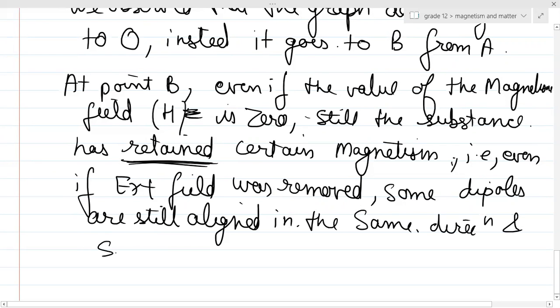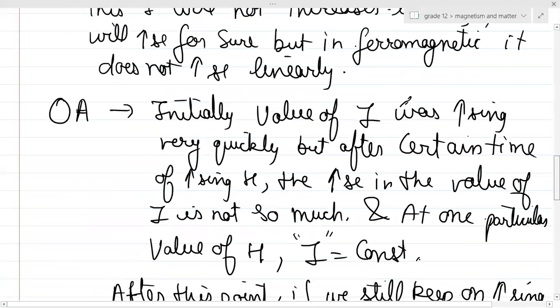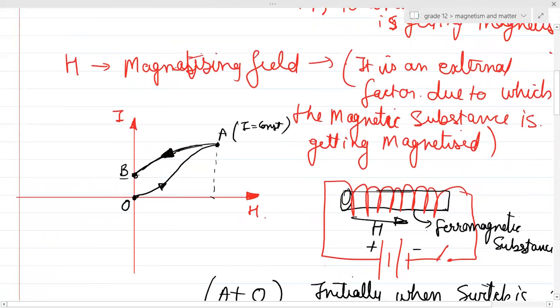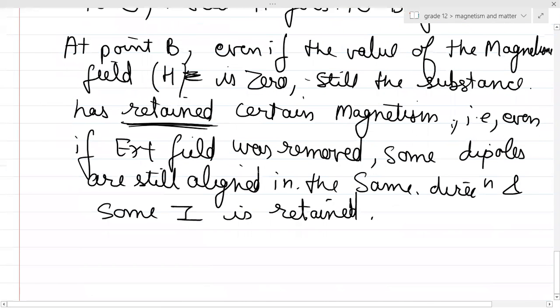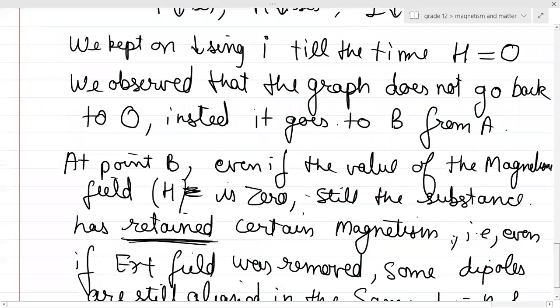Can you see from here to here, from O to B, this much intensity of magnetization is retained? This property is basically called retentivity. So basically, what is retentivity? Once you are done till here, then tell me.